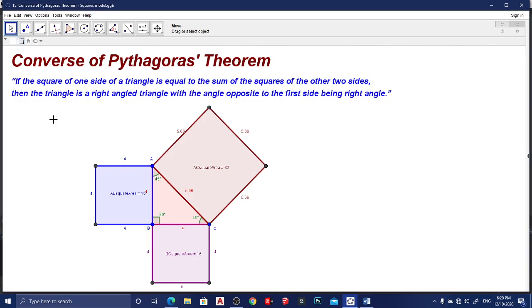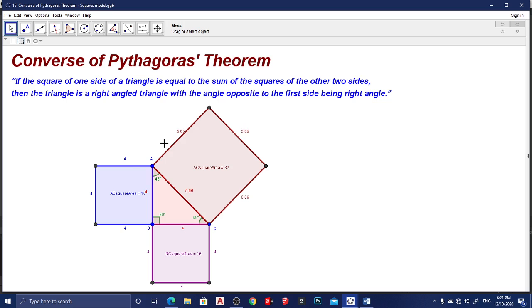slide. Here you see, if the square of one side of a triangle, if you take the square, that will become a square. This is nothing but the area of the square. Why I am showing this figure, I will explain later.